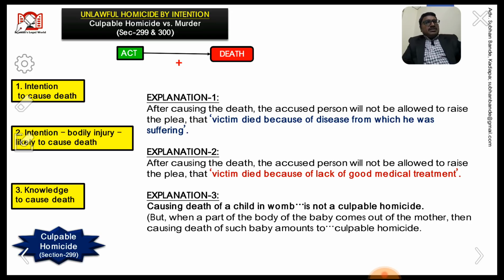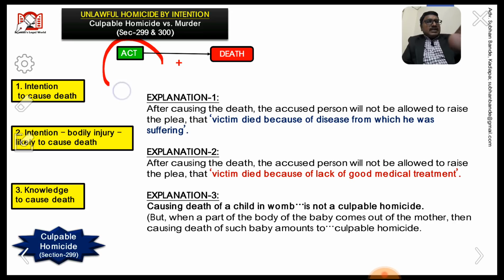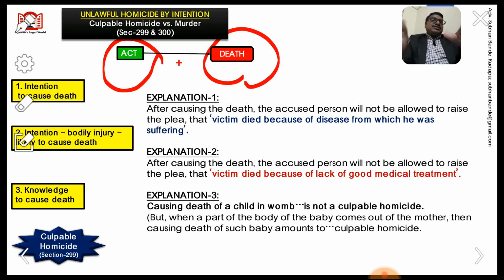Whoever causes the death of a human being by some acts. Here the first ingredient is an act, the ultimate result is the death. This is the cause and this is the effect. Act is the actus reus, death is the result.